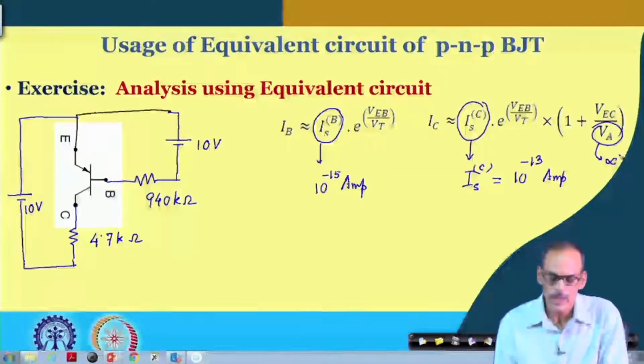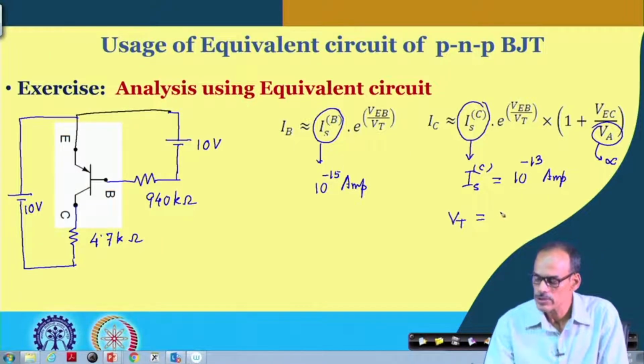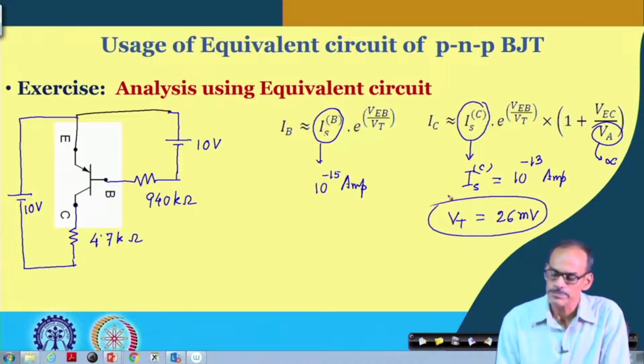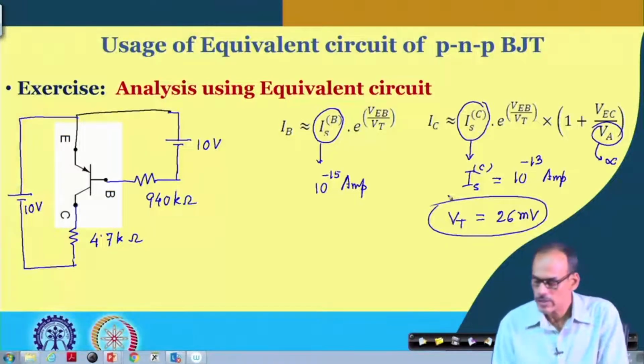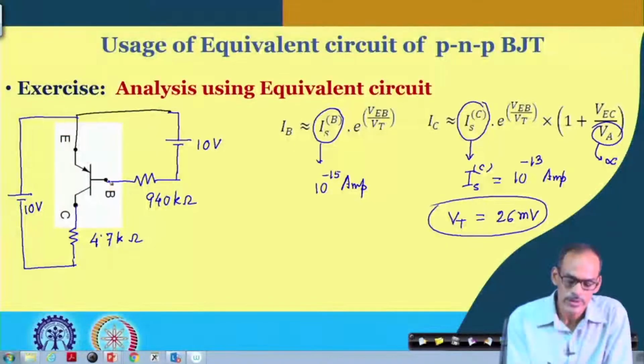And if we analyze this circuit again, of course, we need VT. You may use 26 millivolt, typically what we use at room temperature. So, here also you can see that the drop here is close to 0.6.